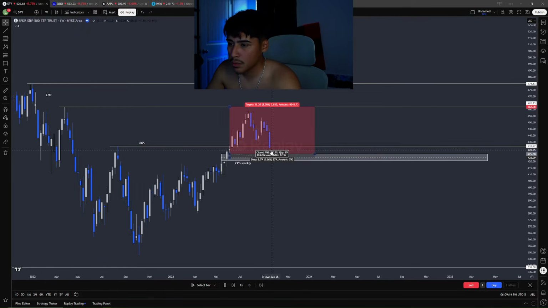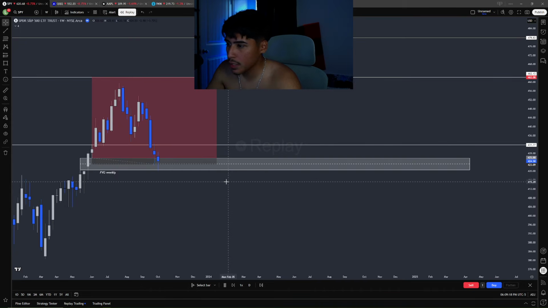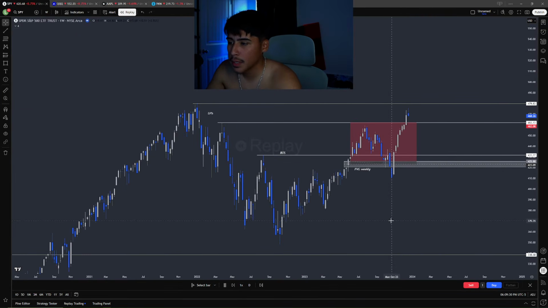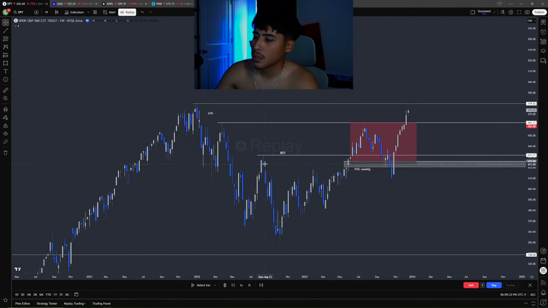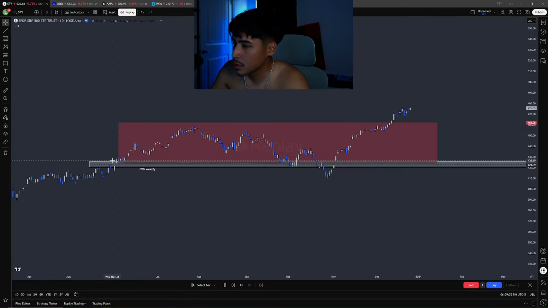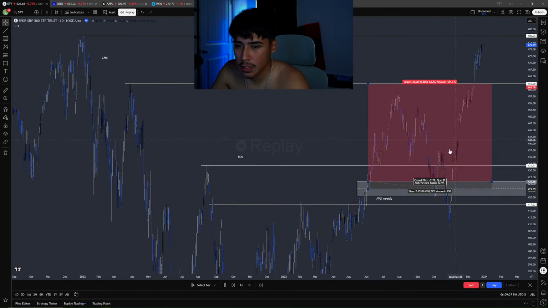In this case, we start retesting. We never get a candle close. Let's see if we get a candle close. Faked that a couple times, but ultimately ended up climbing higher, right? So we zoom in, go back down into these highs.